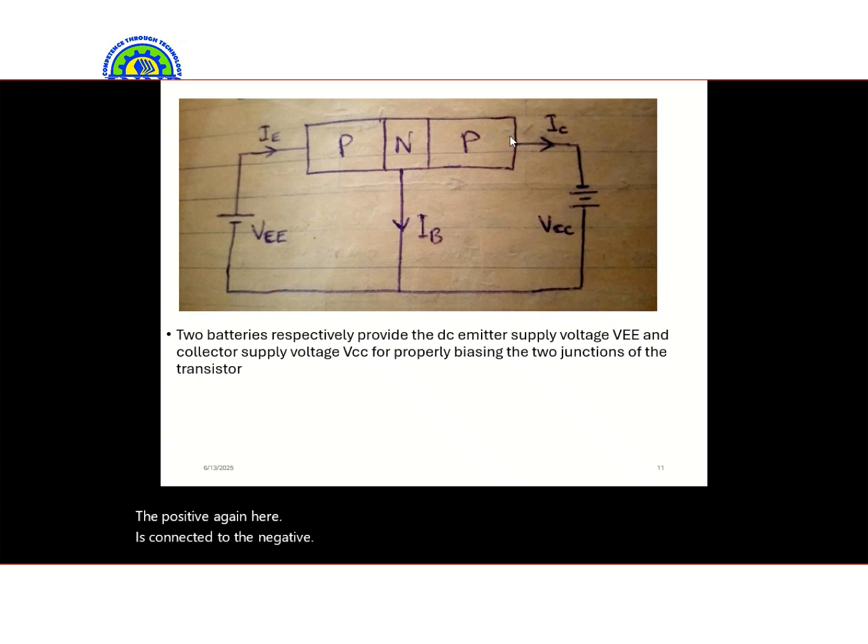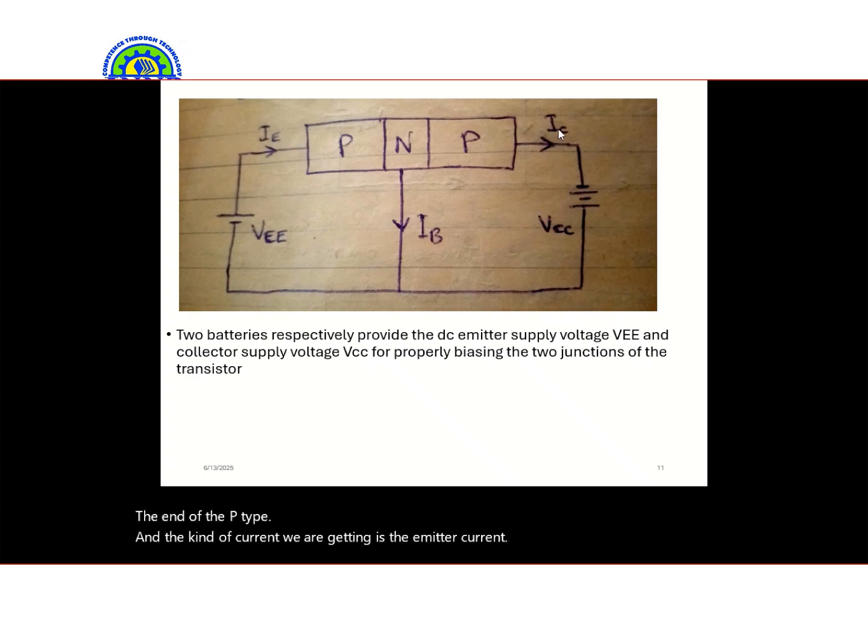So we have negative connected to negative, that is the VCC, and then we have VEE connected also to the end of the P-type, and the kind of current we are getting is the emitter current.